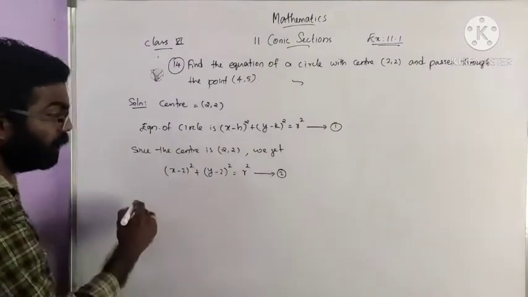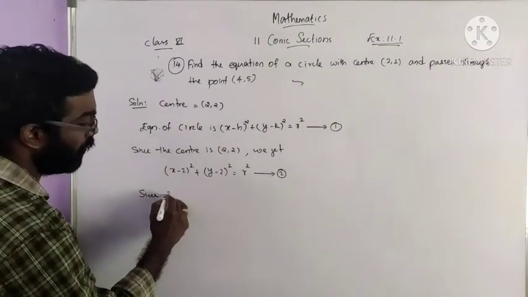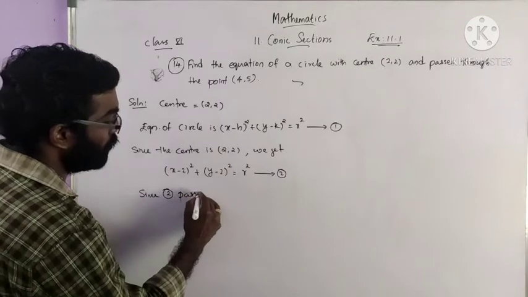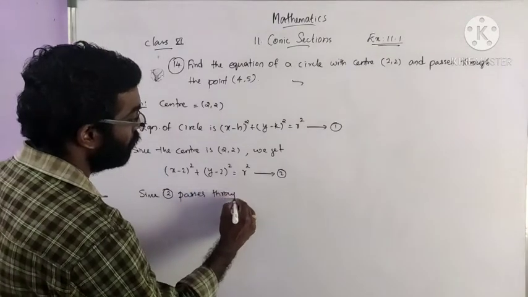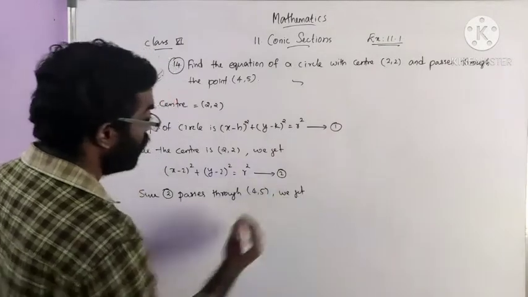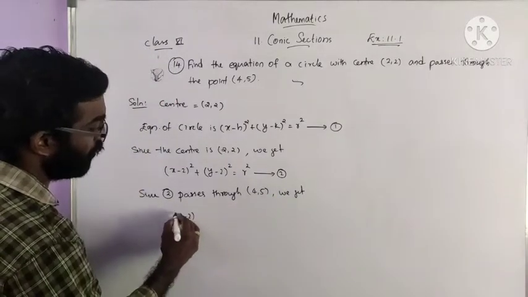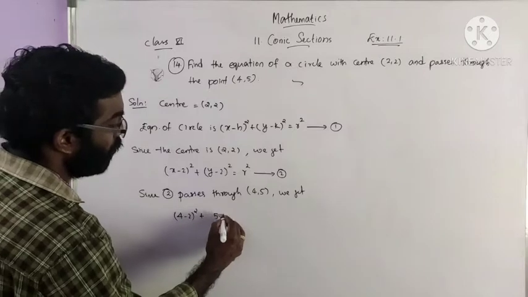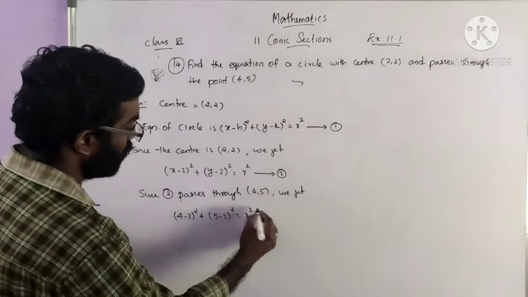Okay. Since the circle or equation 2 passes through 4, 5, we get 4 minus 2 the whole square plus 5 minus 2 the whole square is equal to r square.